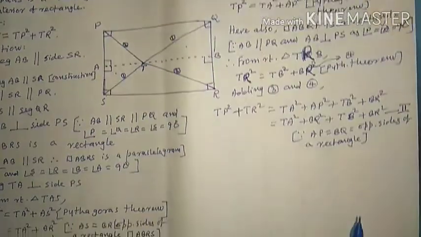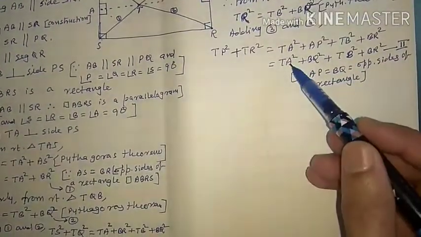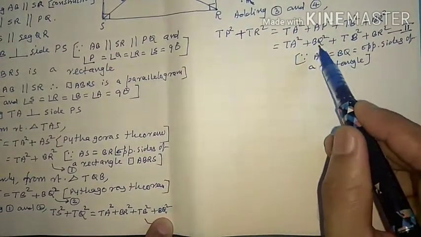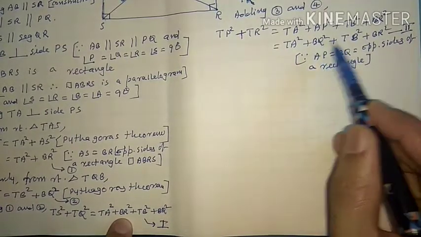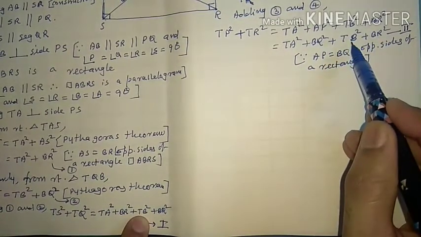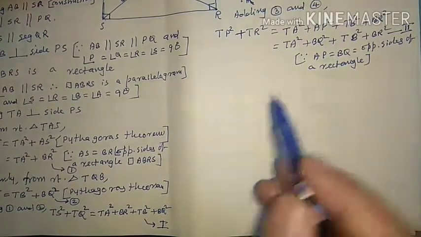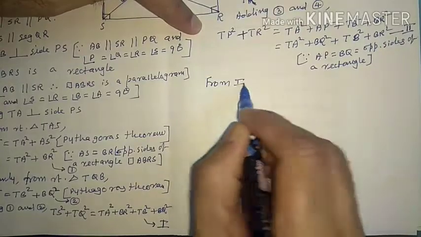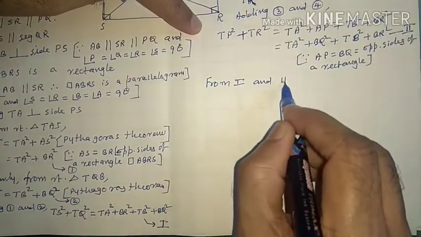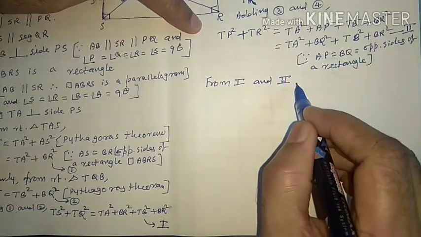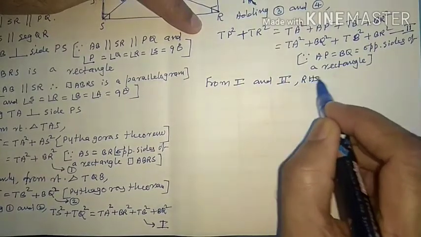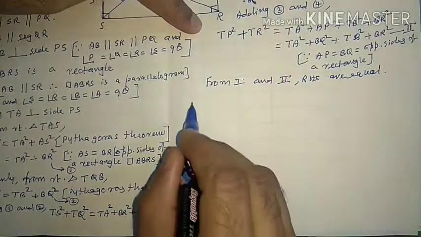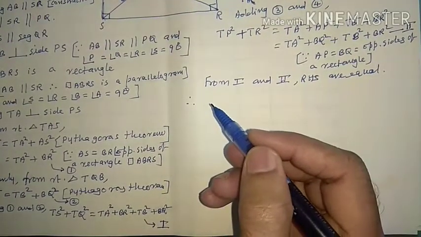Now see the first one here, considering right hand sides only: TA square plus BQ square here plus BR square here and TB square here. That is, these right hand sides are equal. From the first equation and second equation, the RHSs are equal. Therefore, their left hand sides are also equal.